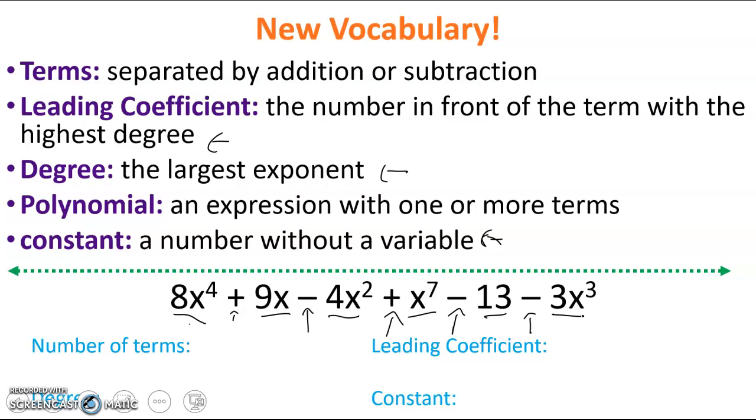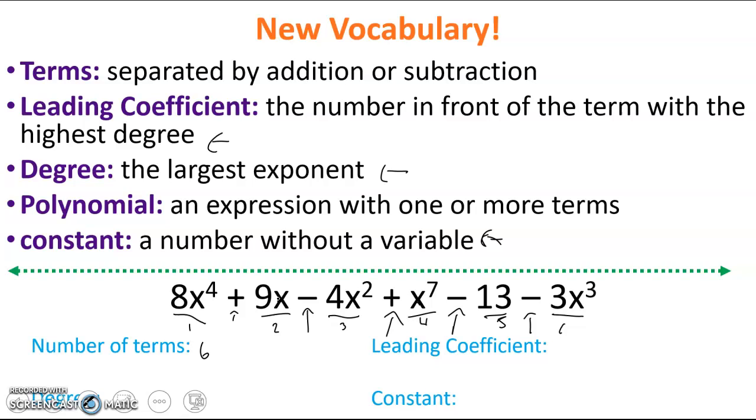If you count all of these, 1, 2, 3, 4, 5, and 6, you're left with 6 terms. The term is literally everything that is separated by addition or subtraction. It could be just a number, a variable with an exponent, a variable without an exponent, like this x right here, or the number and the variable together.